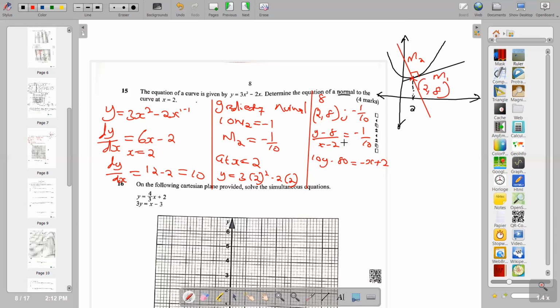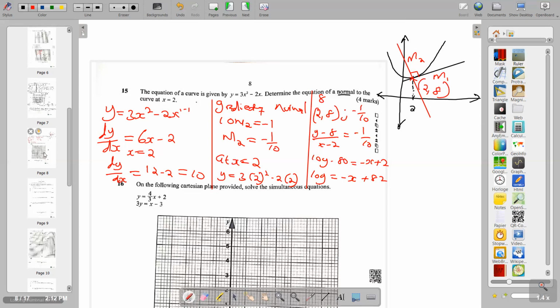Because they did not specify in which form to leave the equation, you can collect the like terms. So you can have 10y is equals to minus x plus 82. Yes, you can have that one as the answer, or you can write it in the form y is equals to mx plus c.